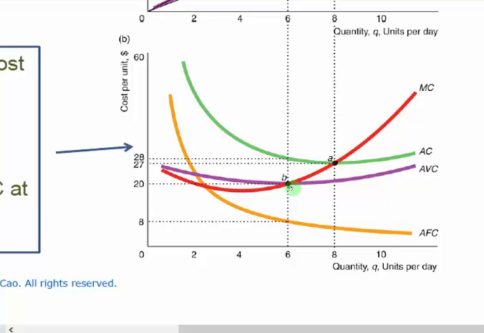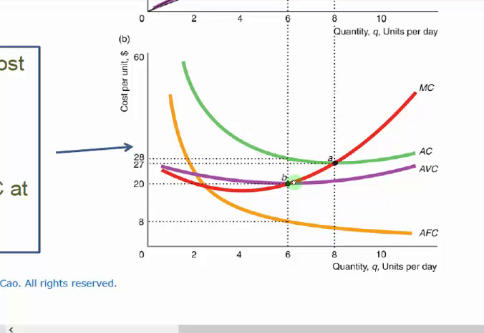Or say the reason why point A is to the right of point B is because, yes, AVC has started to increase, so supposedly AC would start to rise right above point B, but it didn't happen. Why is that? It's because the wedge, that is the average fixed cost, is still decreasing.